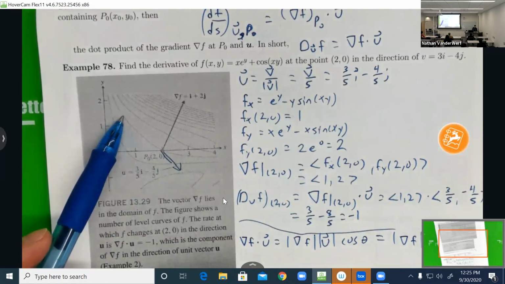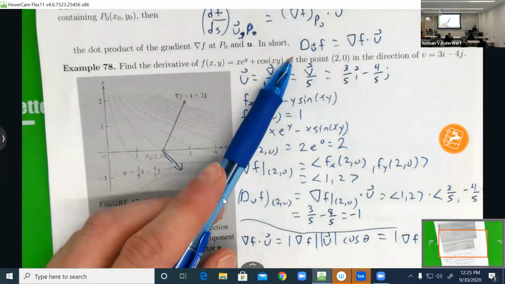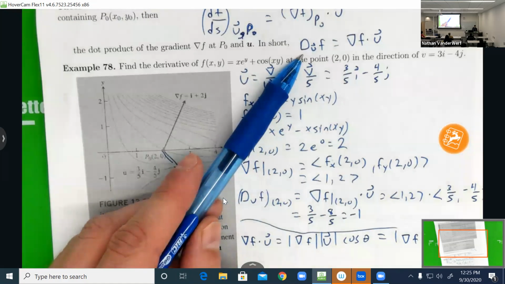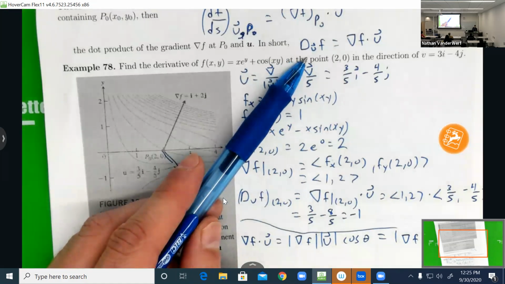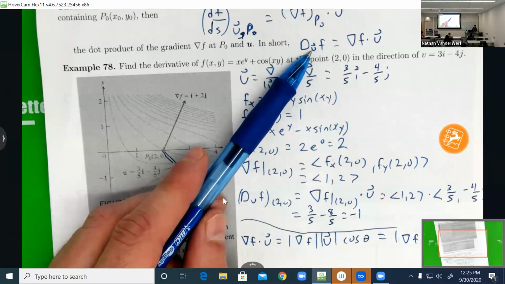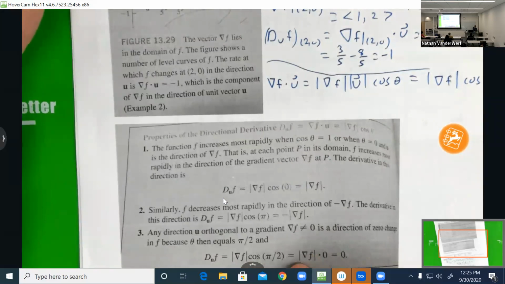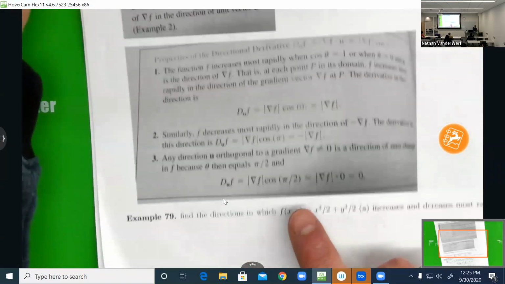So you would expect that this D_u f would be 0 on these level curves, because this is measuring how quickly the height is changing along this direction, but along a level curve, the height is not changing at all. So it makes sense that when theta, for example, is pi over 2, it's 0.